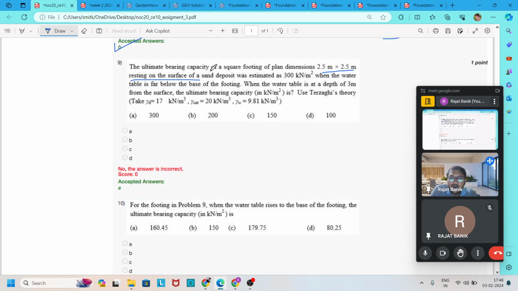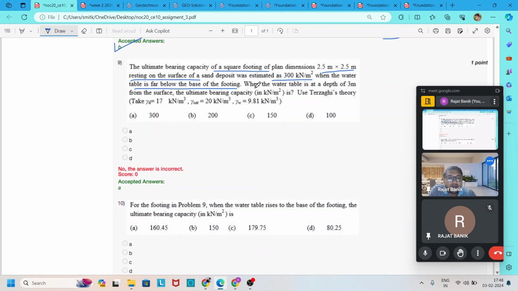So these are the keywords: square footing, resting on the surface. The ultimate bearing capacity is given as 300 kilonewton per meter square when the water table is far below the base of the footing.